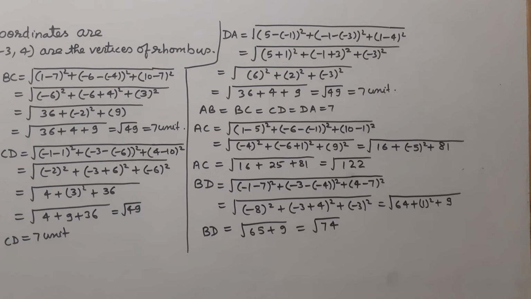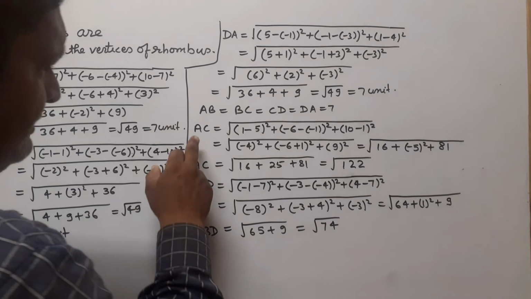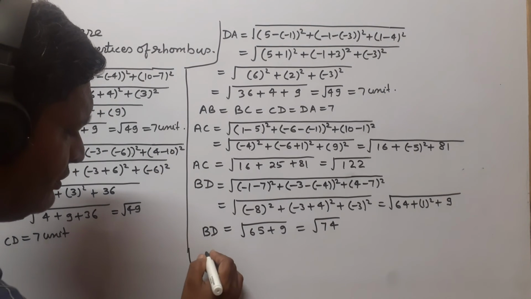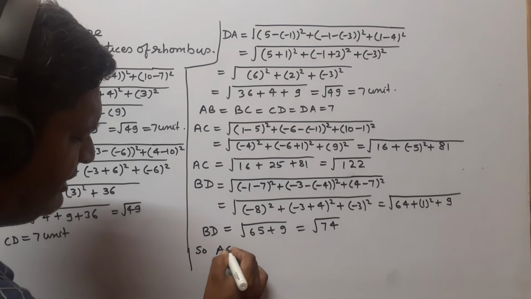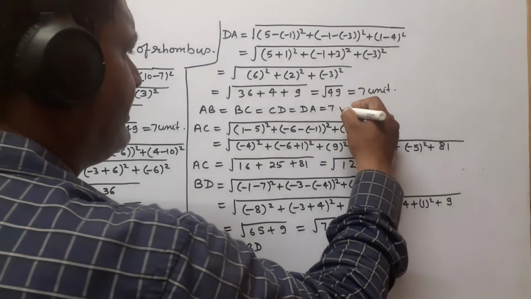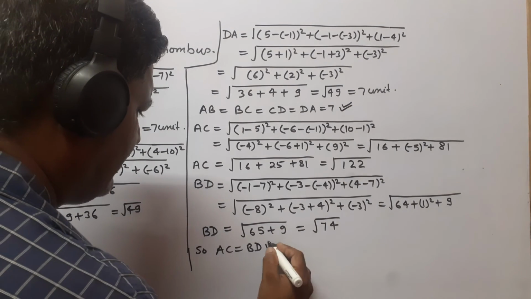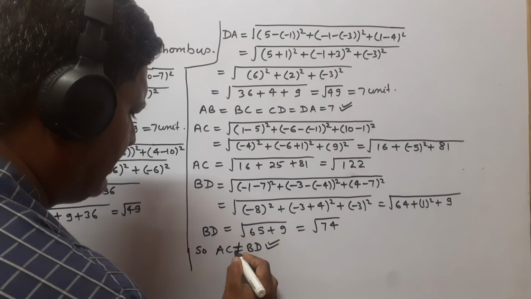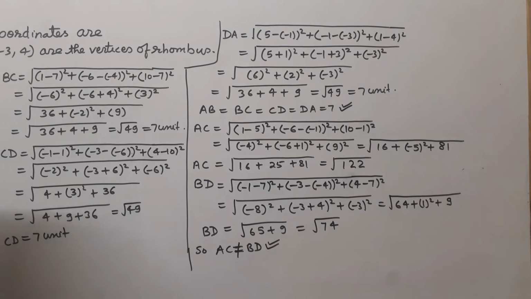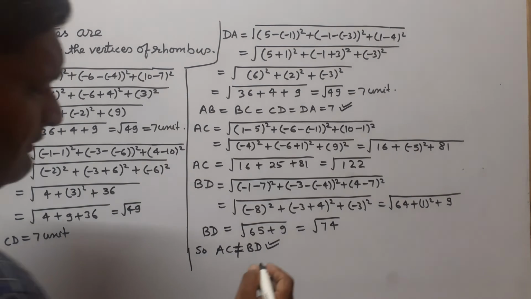Here we can see that the diagonals are not equal. So AC is the square root of 122 and BD is the square root of 74, which shows that all sides are equal and the diagonals are not equal. That means these points are the vertices of a rhombus.